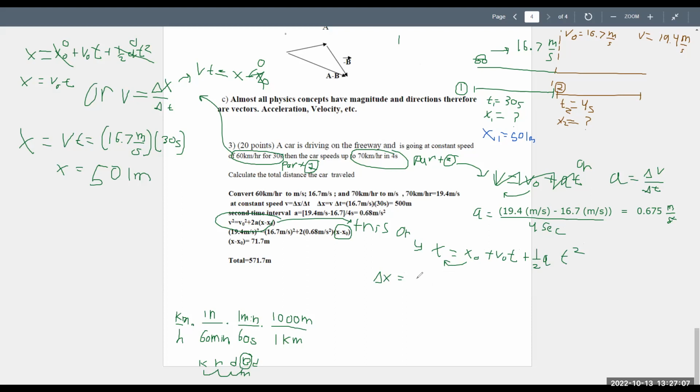V naught is what? Oh, let me type it. 16.7 meters per second times 4 seconds plus acceleration 0.675 over 2 times 4 seconds to the power of 2, squared.